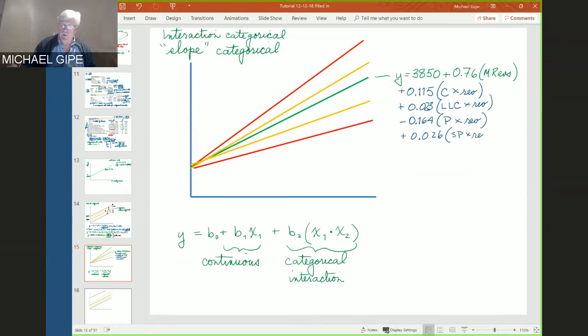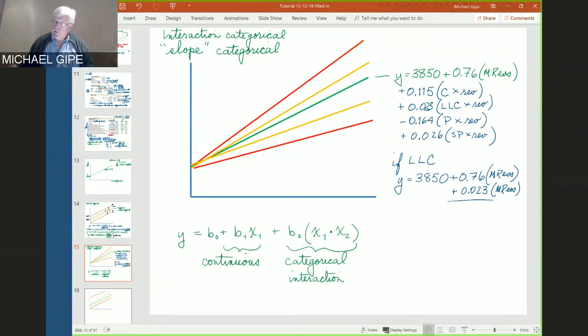So what does this do? It's essentially pick one of those. If your data observation happens to be an LLC, you will add a term of 0.023 times the revenues. And so essentially the model becomes, for example, if it's an LLC, plus 0.76 times monthly revenues, plus an additional 0.023 times monthly revenues.